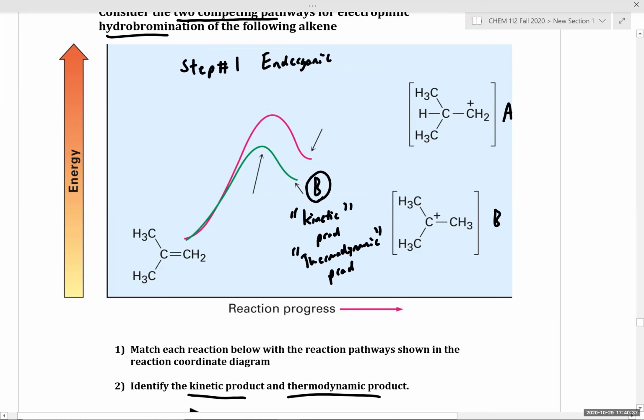Okay. Would you care to elaborate on your reasoning? Why did you select B as the intermediate generated from the lower energy pathway? What is unique about intermediate B compared to A? Would you be able to elaborate a little bit more of your logic?